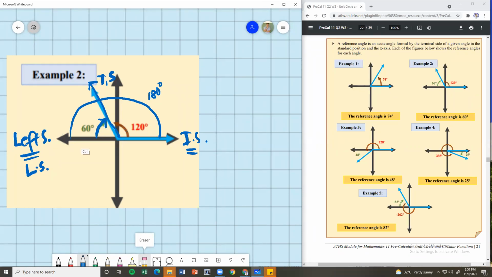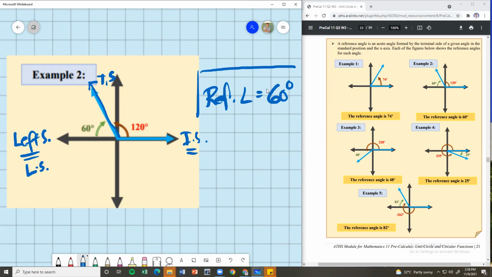Can you follow? That's it. Siya yung pinakamalapit na side sa x-axis, sa terminal side.